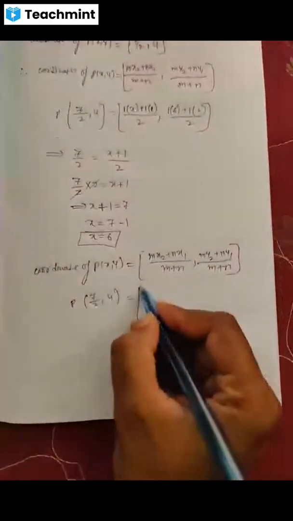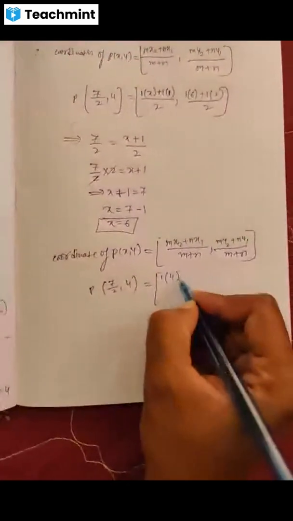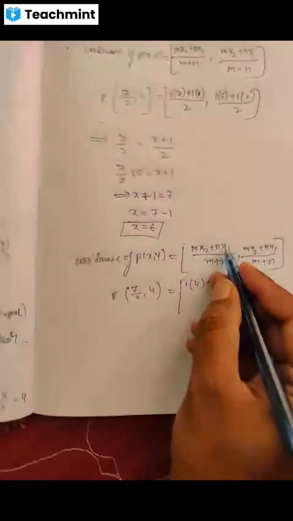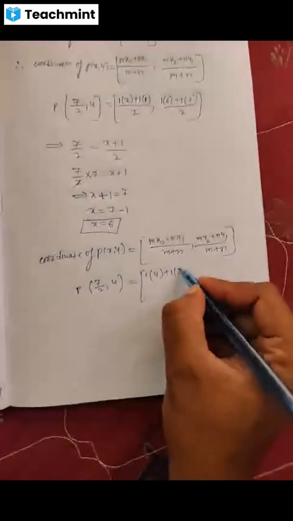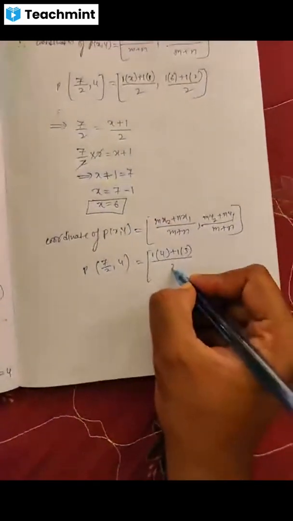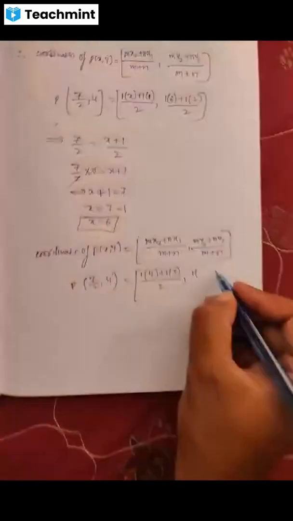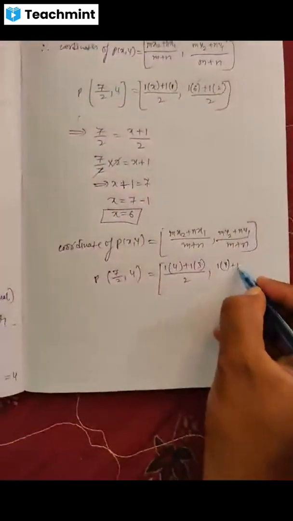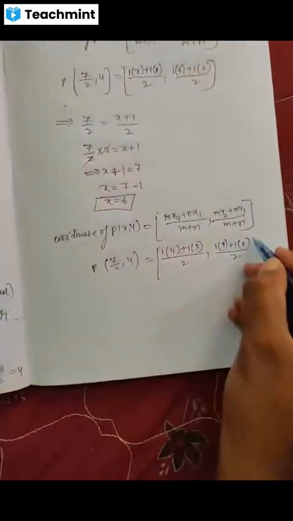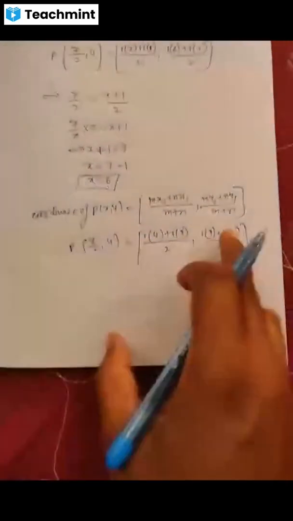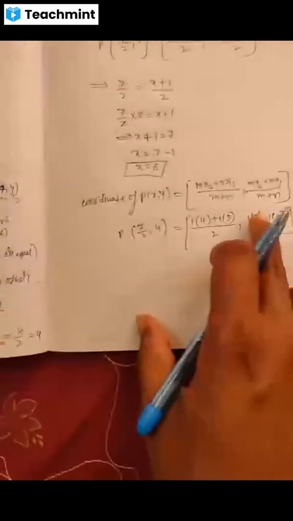That's why, 1 into x2, here x2 is 4, plus 1 into x1 which is 3, divided by 2. 1 plus 1 is 2, comma, (1·y + 1·5)/2. Now consider the y coordinate because we need to find y.